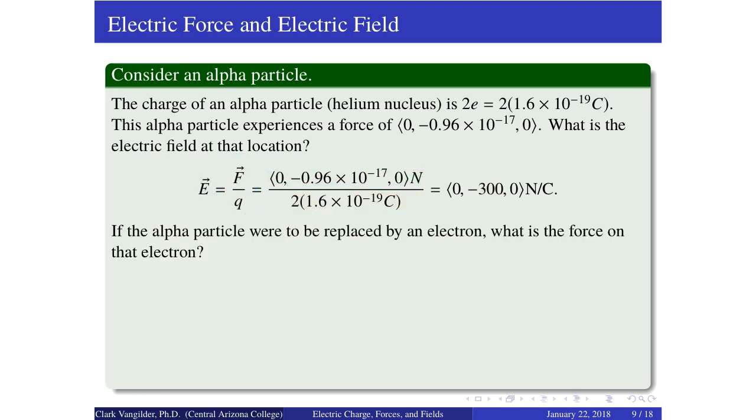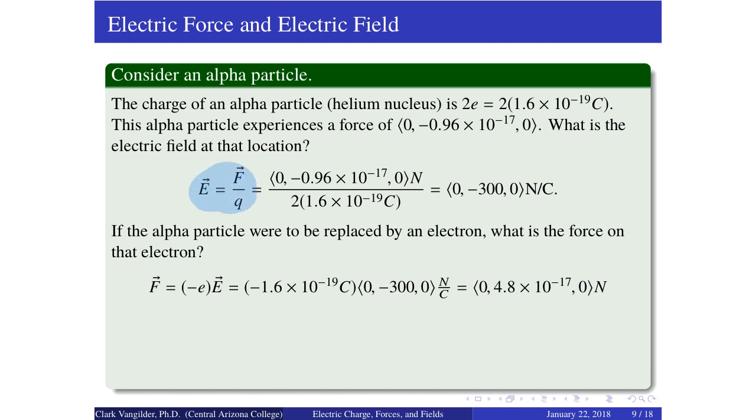If the alpha particle were to be replaced by an electron, what's the force on the electron? Hopefully you see that E equals F per Q is the same as F equals charge times E. That is the Q, if you will.